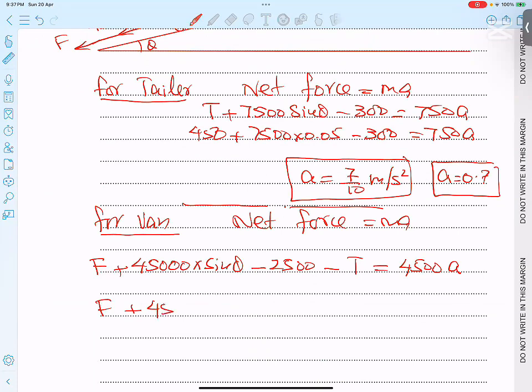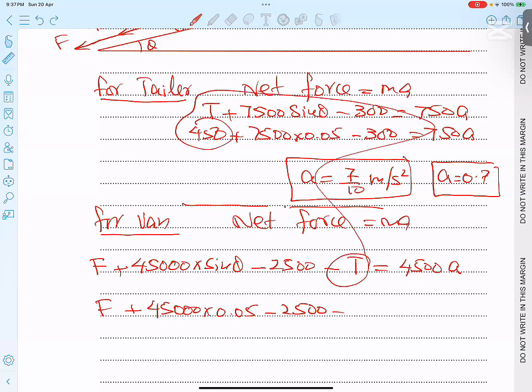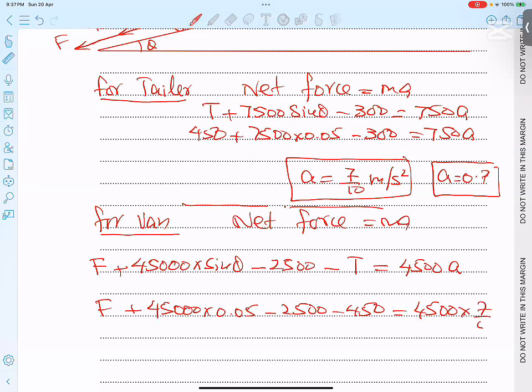So 45,000 into 0.05 because of the sine theta value, minus 2500, and tension I know, 450. And the acceleration I got just now, 7/10. I will type this fully.